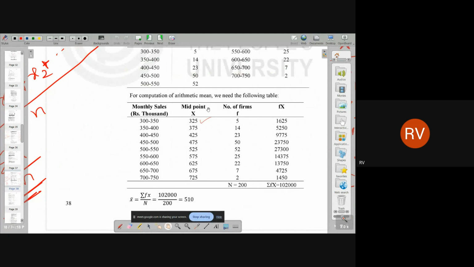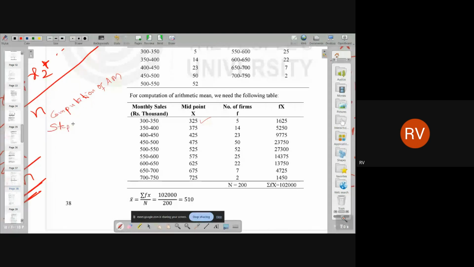For computation of arithmetic mean, it's very important. The first monthly sales class is 300 to 350. Steps for computation of arithmetic mean.